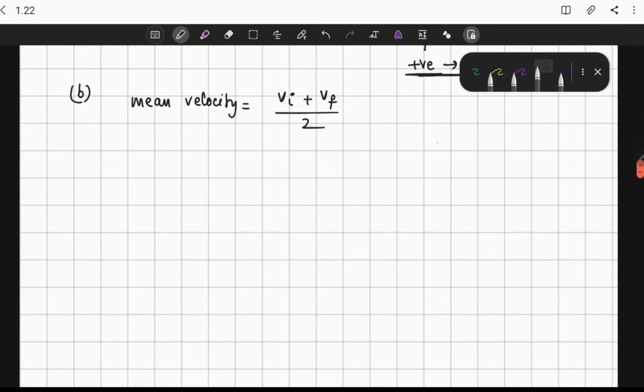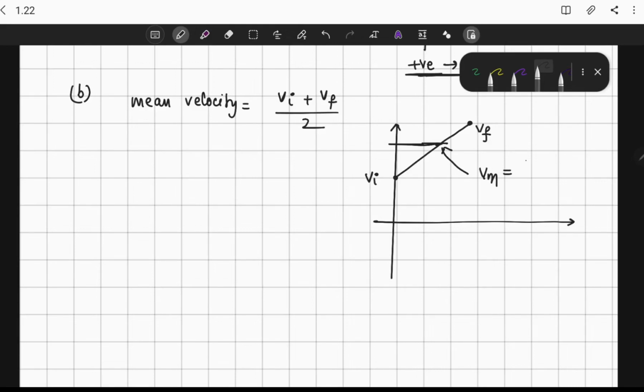Let us understand this. For example, if the acceleration is constant and positive, in that case the velocity will vary linearly from the initial velocity to the final velocity. Then the mean velocity will be this one, and we can represent it as v mean, equal to vi plus vf divided by 2. This is for the case when acceleration is constant.